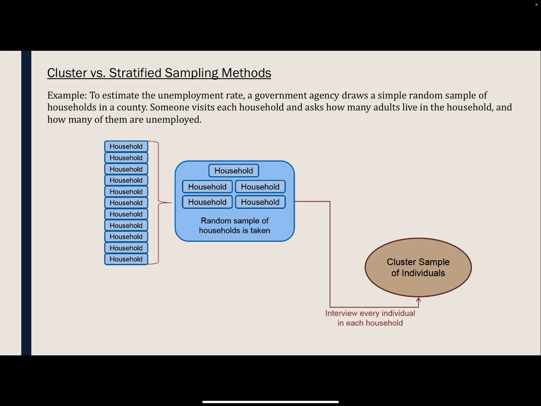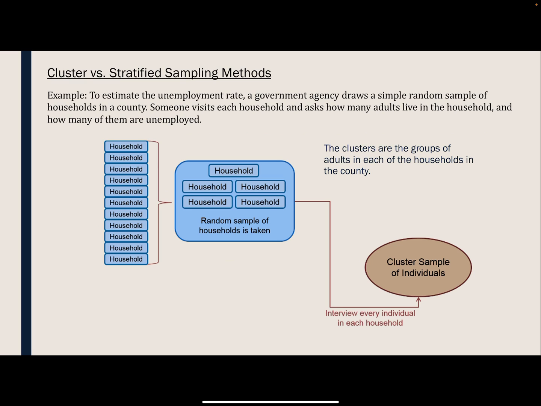So this is going to be a cluster sample, and that's because you have these naturally occurring groups being the households. So the households within this county are the naturally occurring groups, and they are randomly selecting these groups. And then they are going and surveying every single person within that household group.